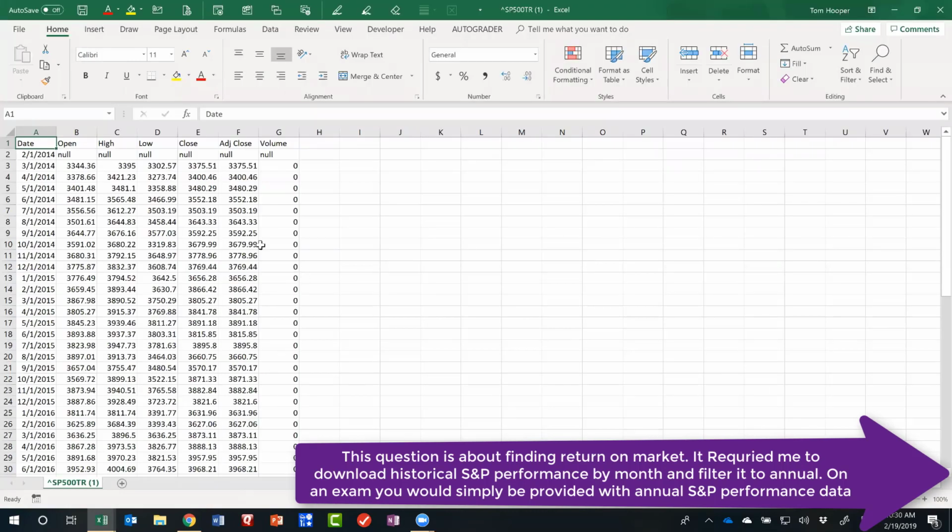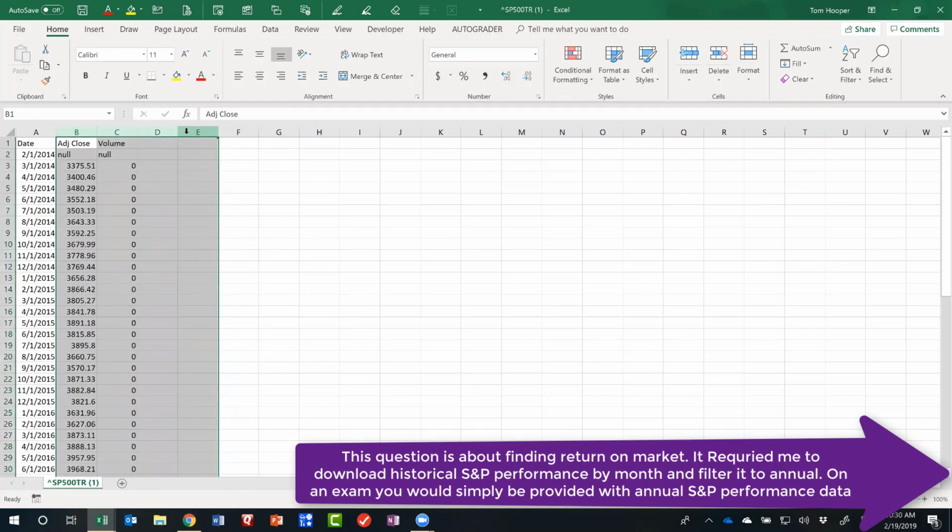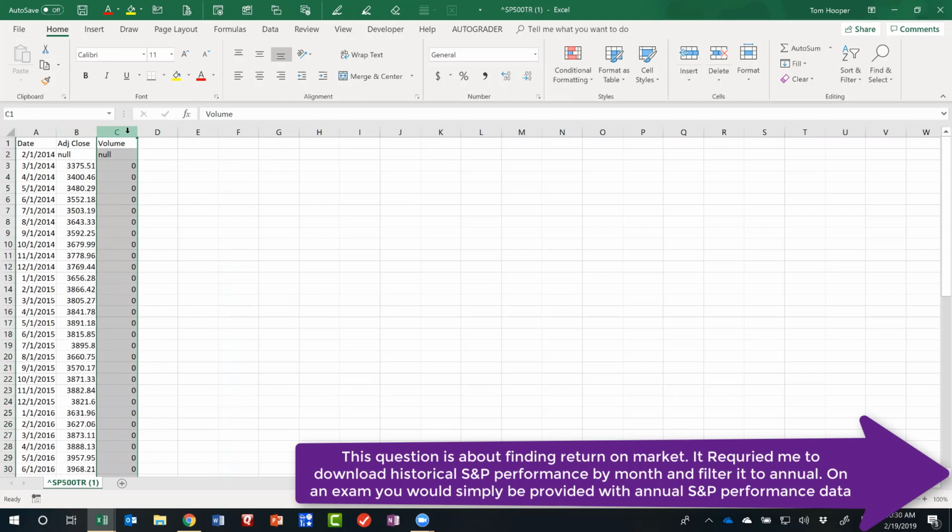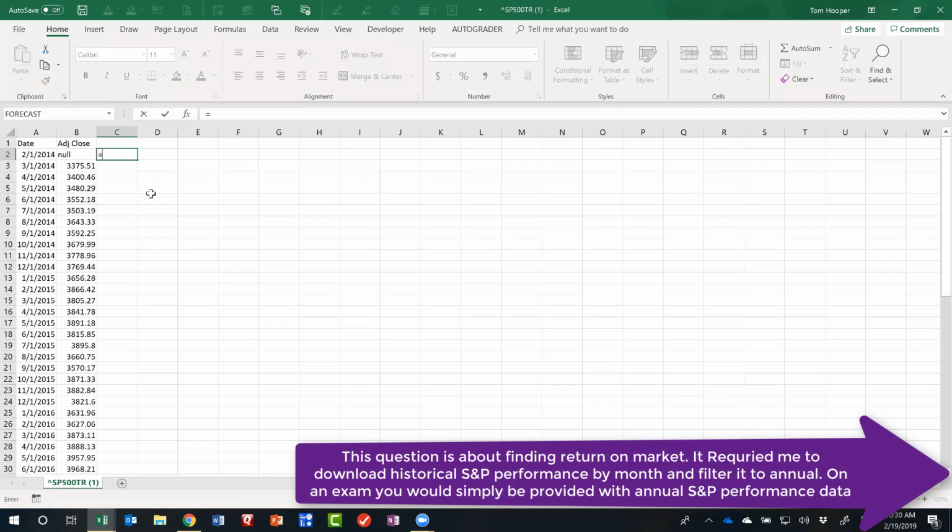And as I'd mentioned before, we want to use the adjusted close. So I'm going to delete these other columns. And I'd like to extract just the December data from these so that we can use annual data to get annual returns.